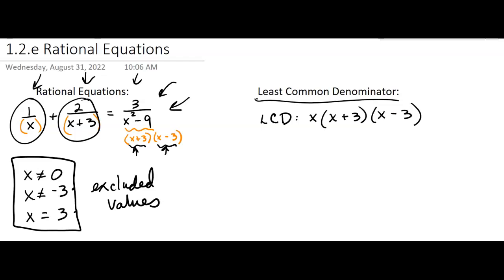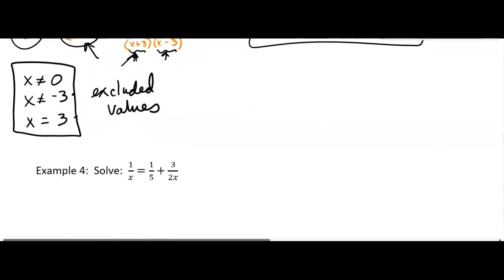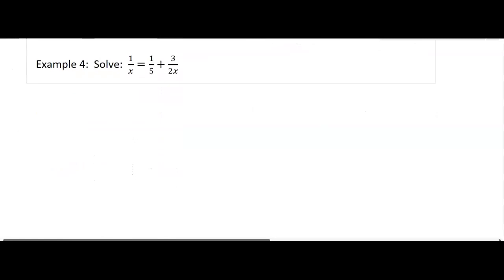And that would be the LCD. So you don't need 2 factors of x plus 3. It only appears once here and it appears once there, but you only need 1. And then that would be the LCD. And you'd multiply each term by the LCD. All right, ours isn't quite as complicated in this example. And then we have, I think, 2 more examples after this one.